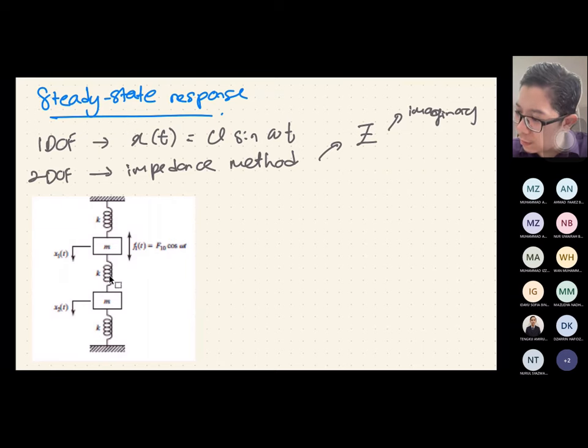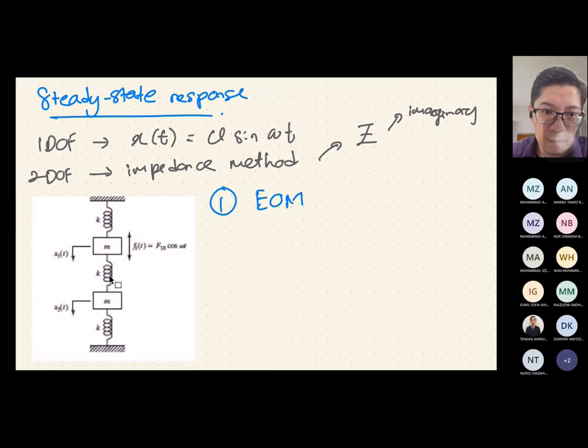Okay, so in terms of the process, first thing first, what we should do is define the equation of motion. Maybe I'll just put numbering. Number one is EOM.